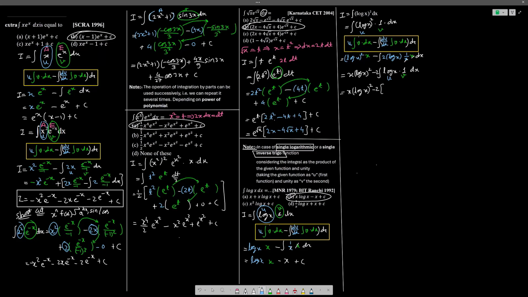Here we'll get log x into integration of 1, that will be x, minus integration of differentiation of log x and integration of 1, that will be x dx. So open the bracket, we will get minus 2x log x plus 2x, and integration of 1 will be x plus c. So ta-da! This is your answer.